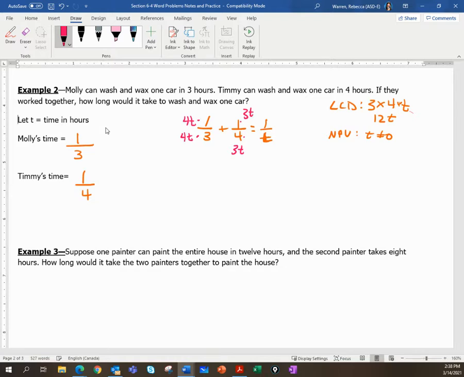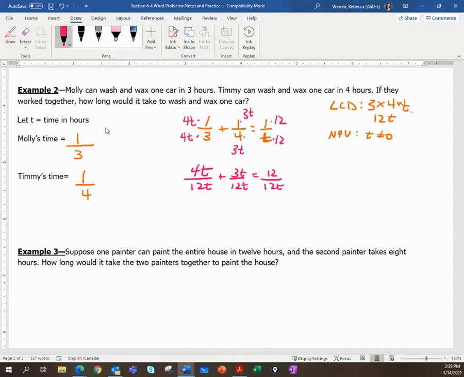And the last fraction already has t, so it's just missing the 12. So I will multiply by 12 on the top and the bottom. And then I have 4t over 12t plus 3t over 12t equals 12 over 12t.